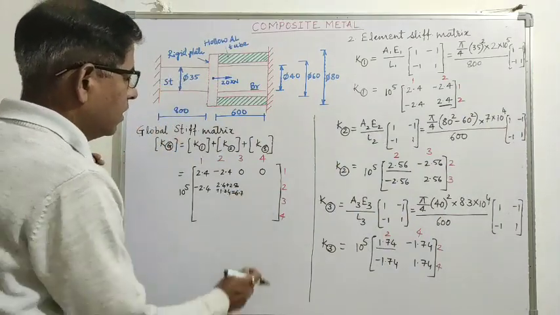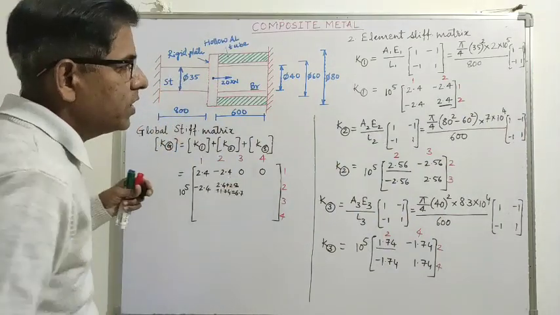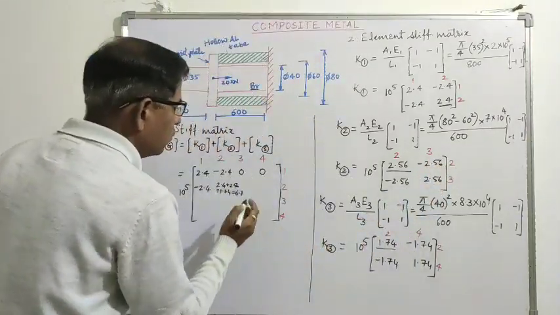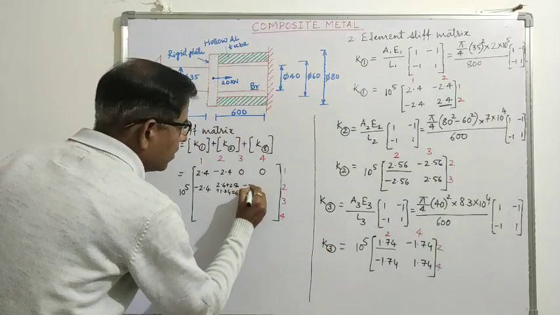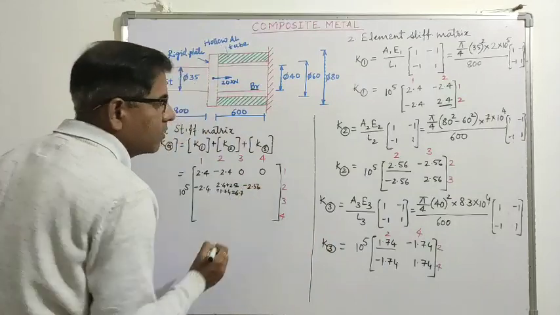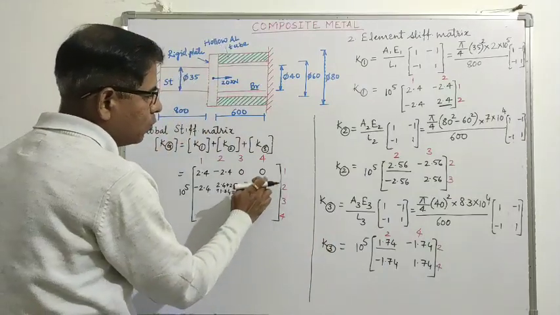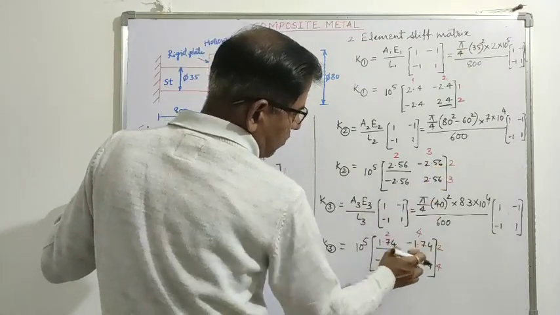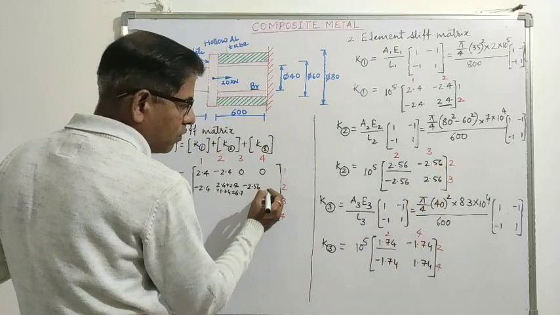Okay. Row 2, column 3 is minus 2.56. Then row 2, column 4 is minus 1.74.